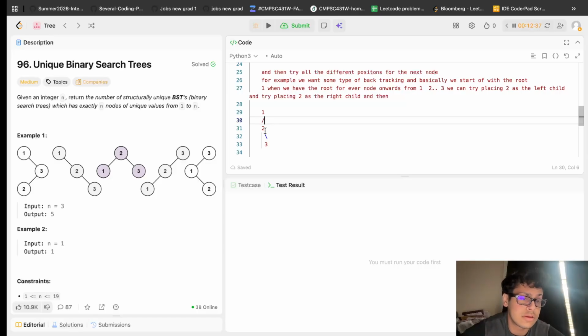But then if we do 2, we want to go down a path where 2 is the left child and where 2 is the right child.